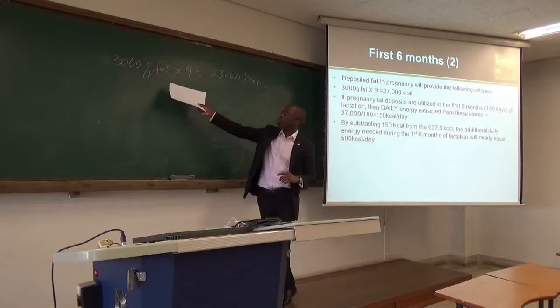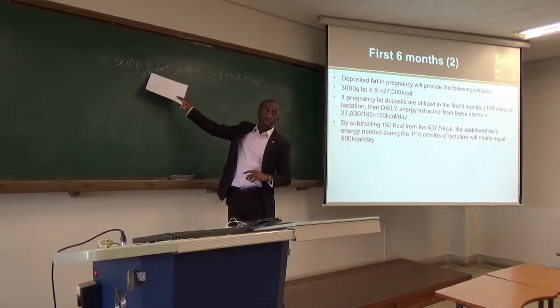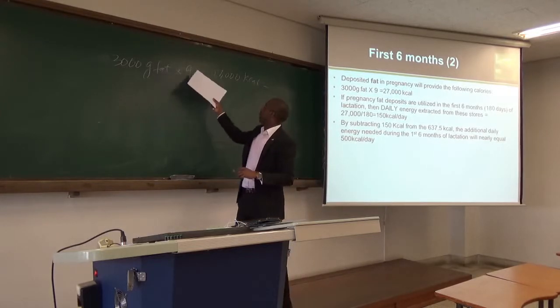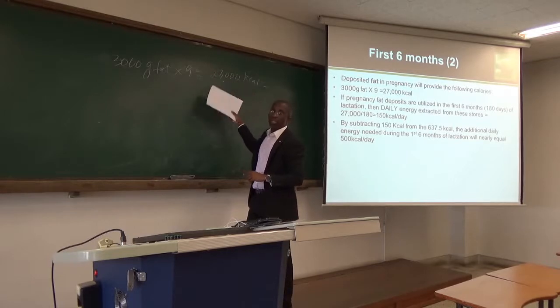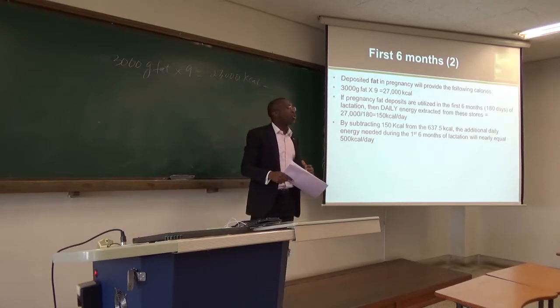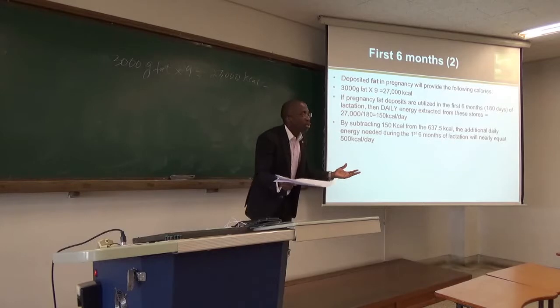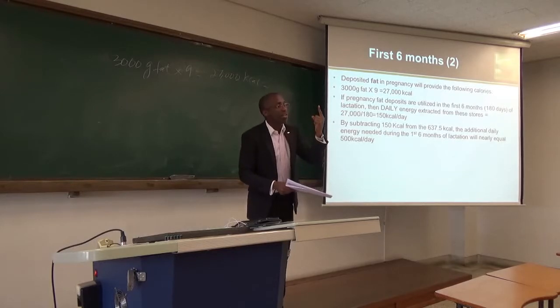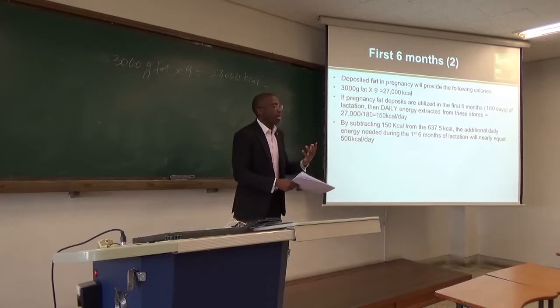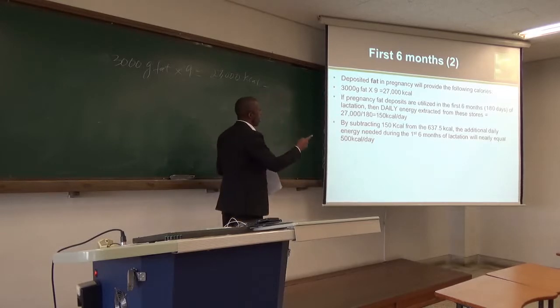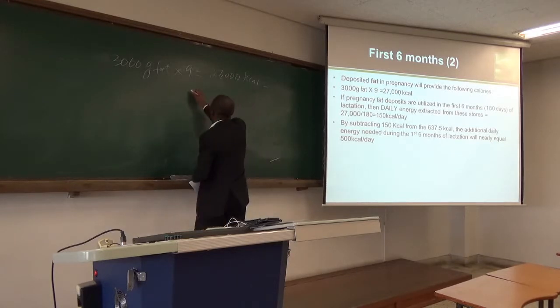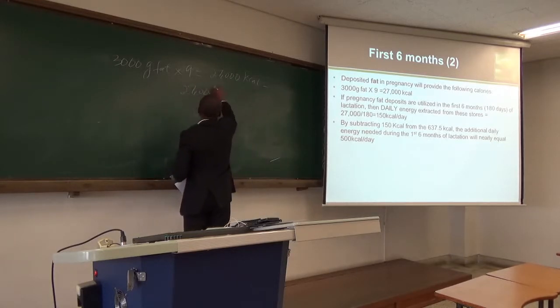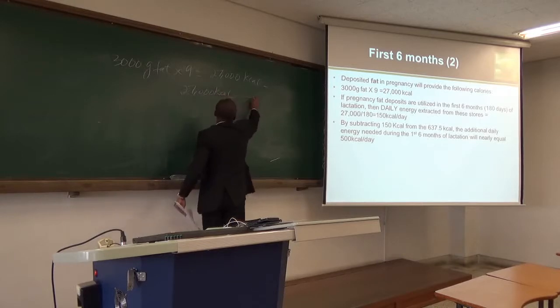Because we have 3,000 grams of fat, 27,000 kilocalories. This is the total energy for 6 months. So how much energy for 1 day do we get from the mother then? Because this 27,000 kilocalories is for how many days?